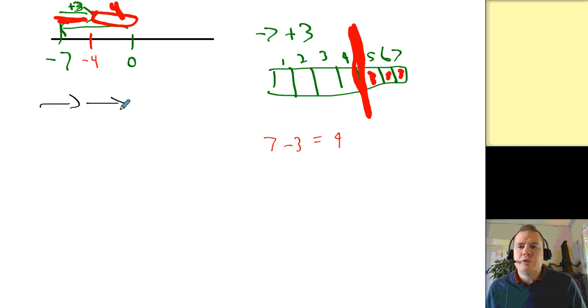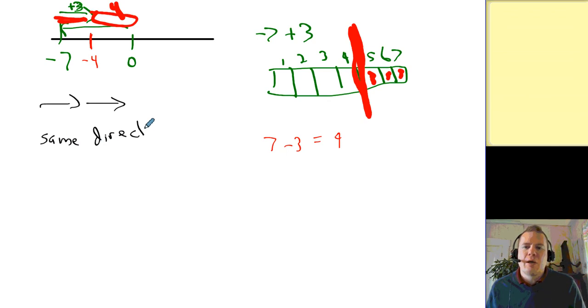So if I've got two terms that are going in the same direction, I'm going to put them together and get the sum, whether that's 3 plus 4 to make 7, or negative 3 and negative 4 all together to make negative 7.